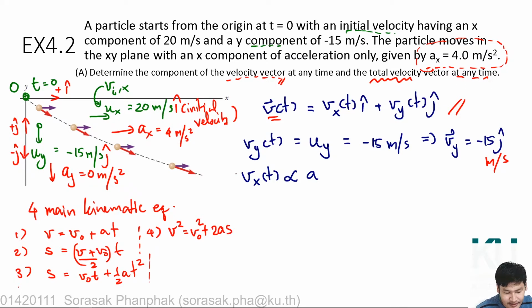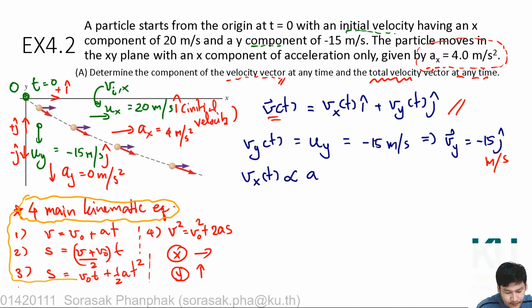You can use this whether it's in x components or in y components. This is your four main kinematics equations here. As I note down here, I'll box it up. Note this.